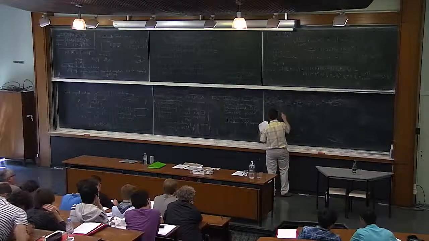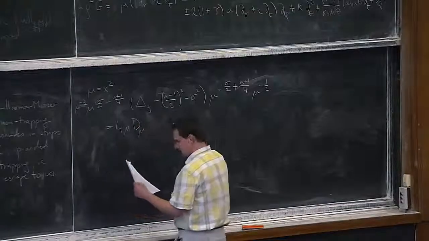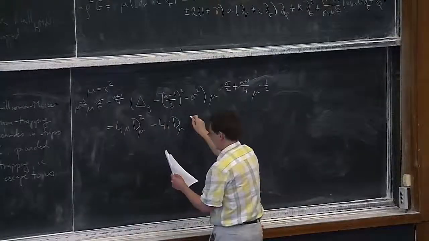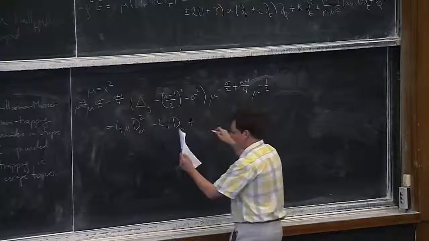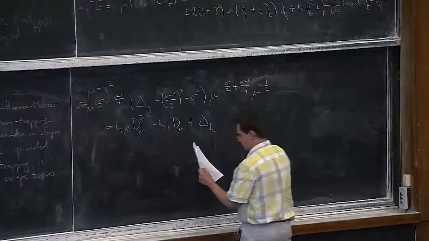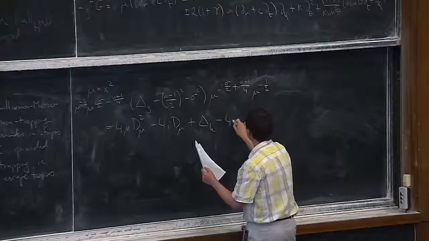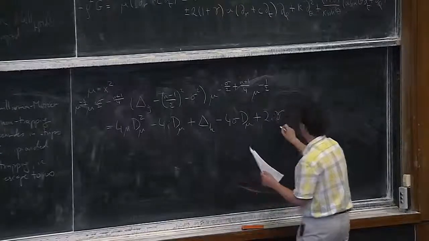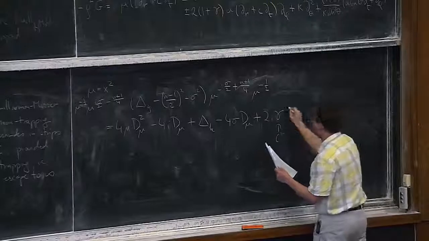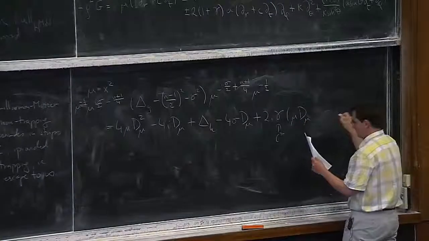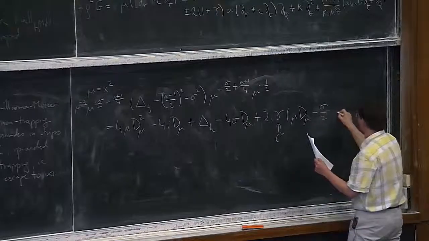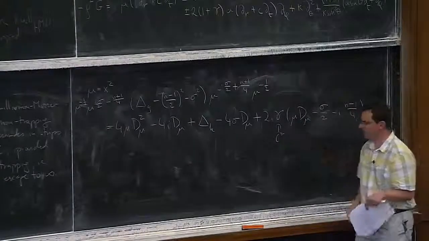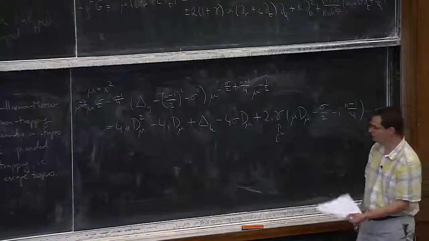You get something like, so I'm writing it in probably a non-optimal way. This I should have combined anyway. And then there's some smooth function, something like this. This is just something coming from the volume form of the metric, essentially.